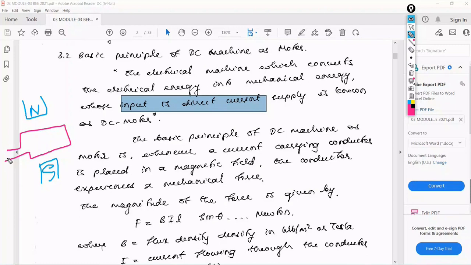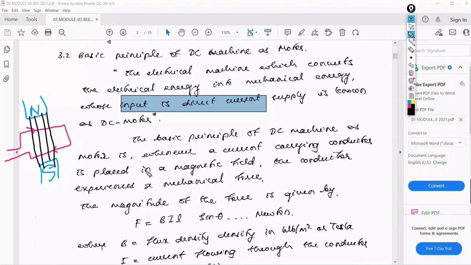But if you give the power supply to this winding, it will cause current to flow through it. Whenever a current carrying conductor is placed in a magnetic field, it experiences a force or torque. That is the working principle of a DC machine as a motor.